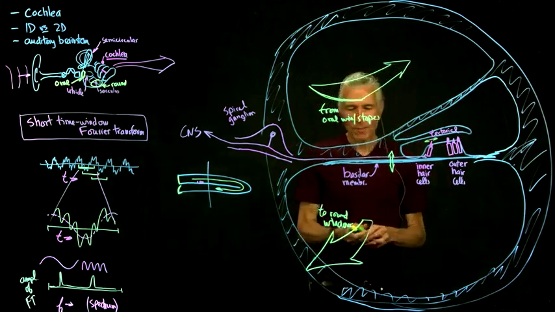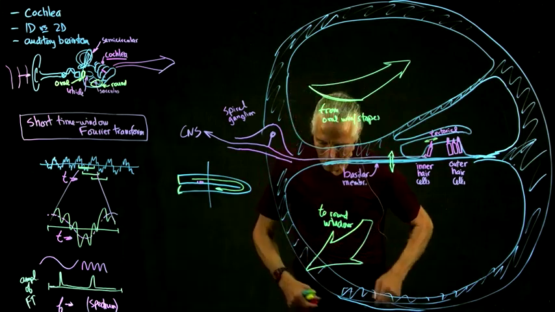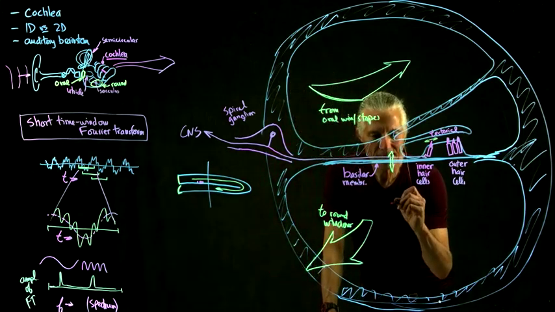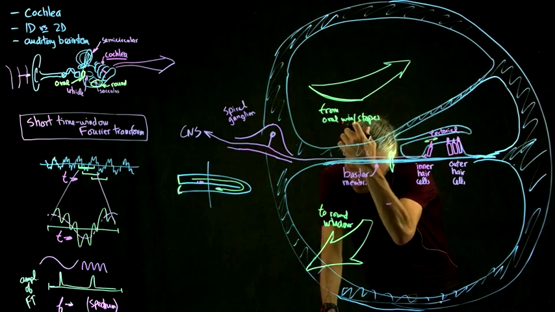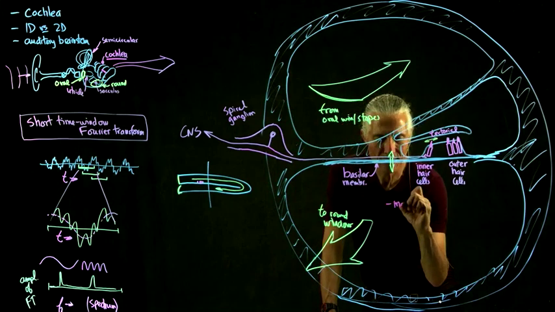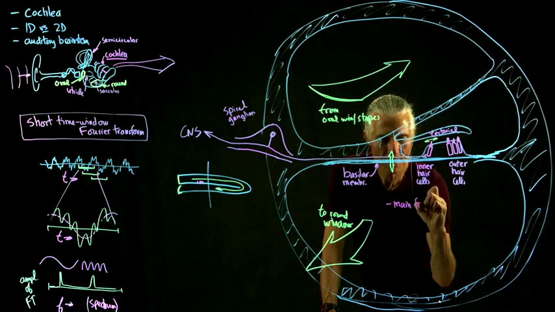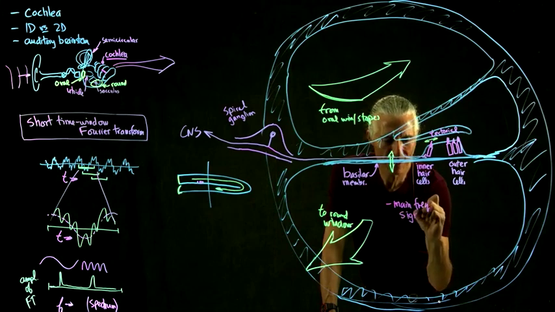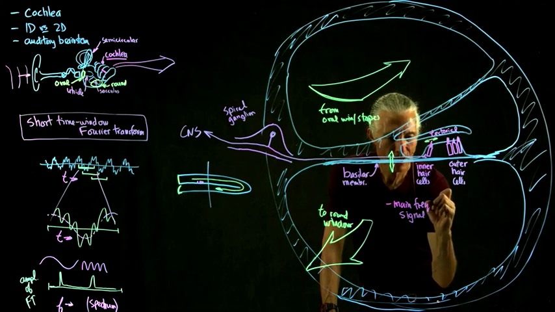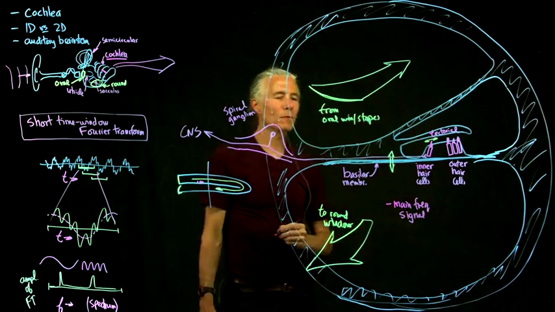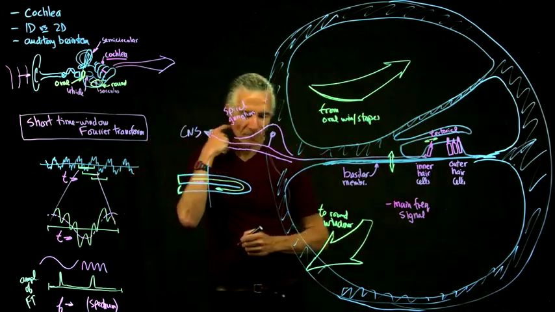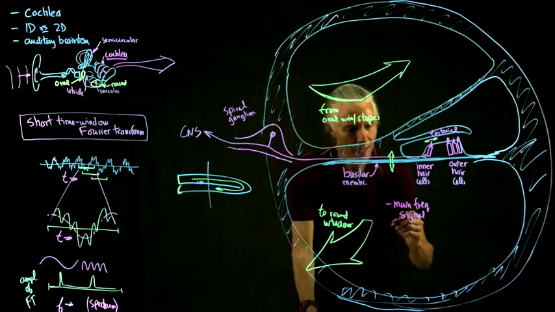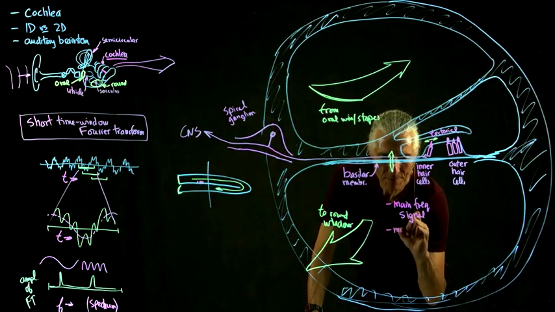So what about those hair cells? The inner hair cells are basically the main frequency signal. They're the ones mainly giving you information about the different frequencies that come into your sensory system. And these guys are myelinated.